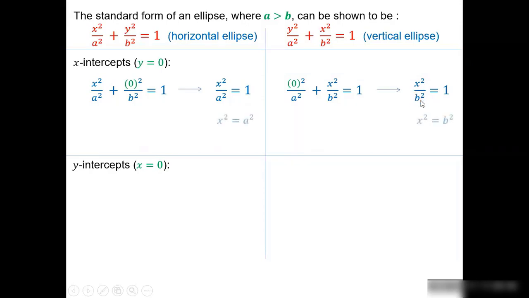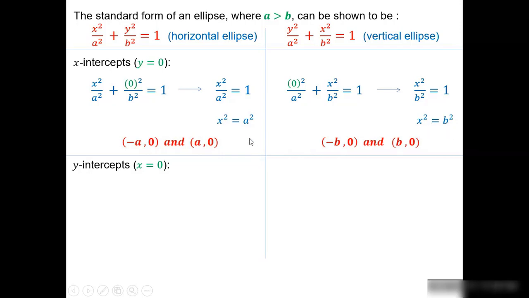Notice that the process is the same in both, so when we cross multiply, we get that x squared is equal to a squared, and therefore taking the square root gives me x equals plus or minus a, while over here we get x equals plus or minus b.